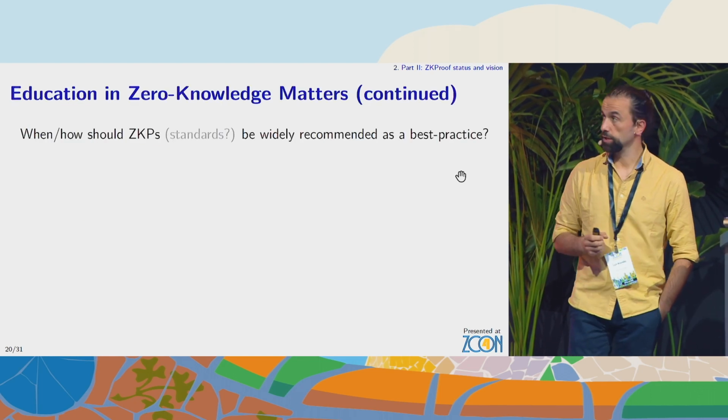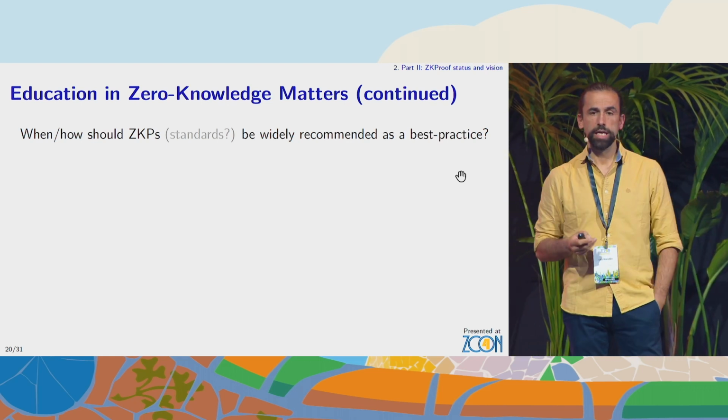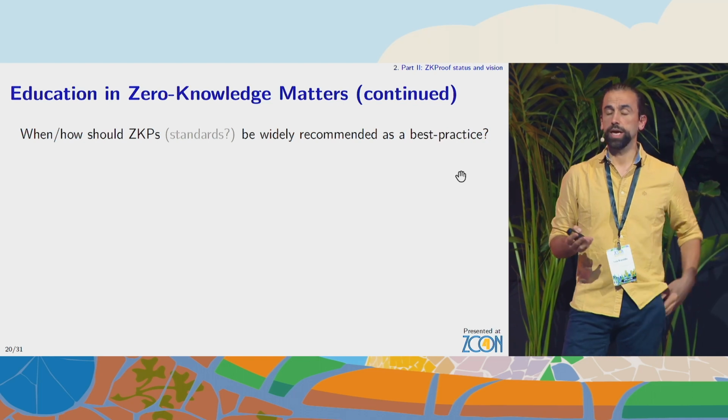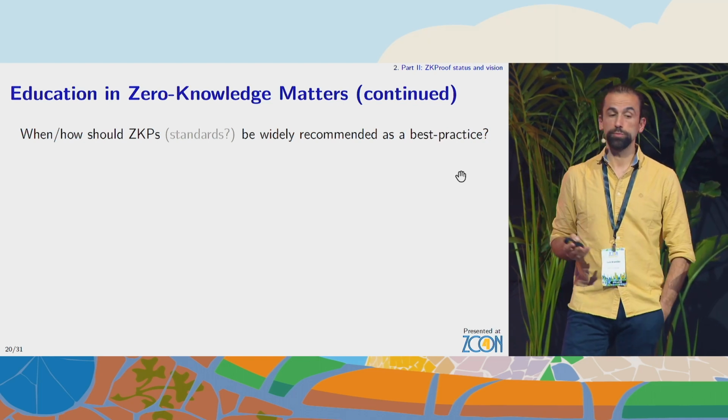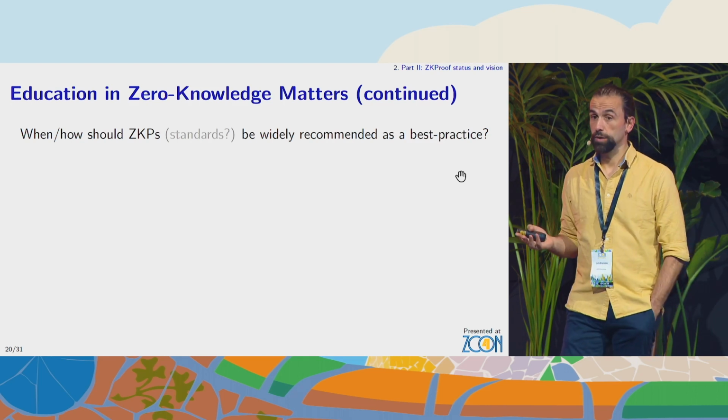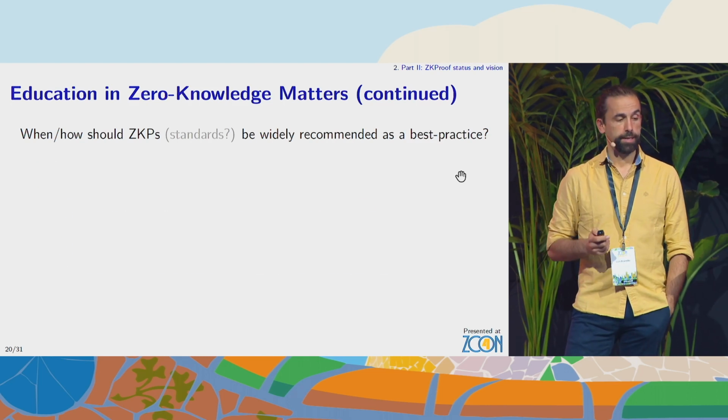Still continuing on this aspect of why education matters, let's consider the question of when should we recommend in society that ZKPs should be widely recommended as a best practice? Should it be right now, or should it only be in the future?